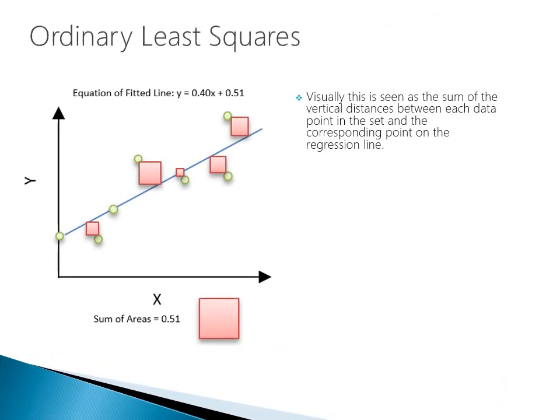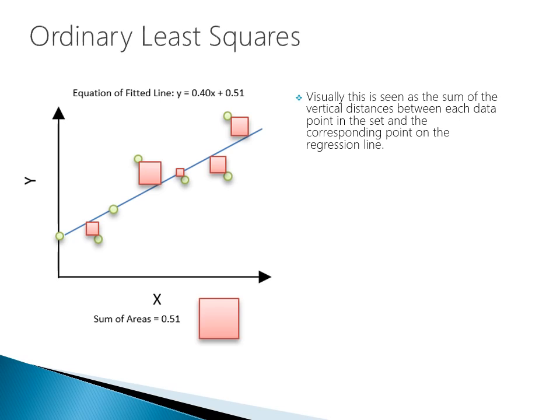Another way we can look at ordinary least squares that helps to fortify the concept is through the following image. Visually, we can look at the distance between the regression line and our data points, and particularly the errors, and we can draw a square that matches from the data point to the line. So all of these different errors have squares of different sizes.